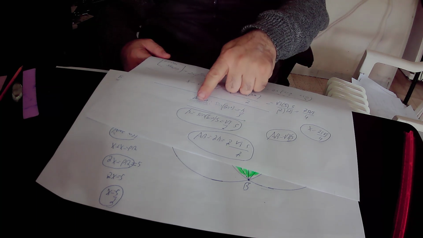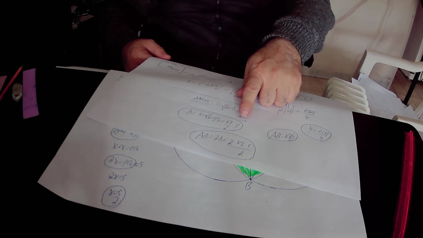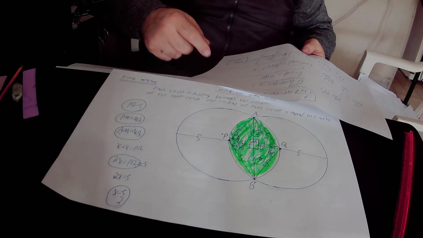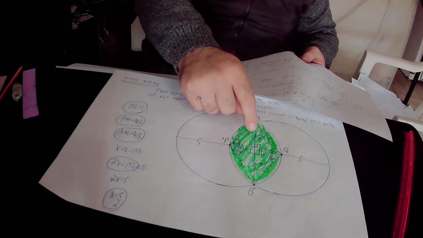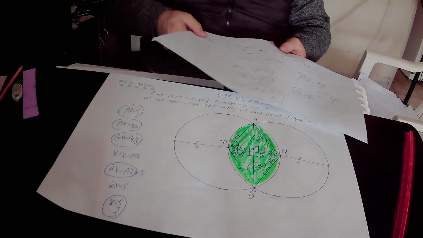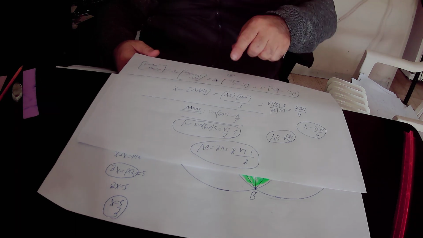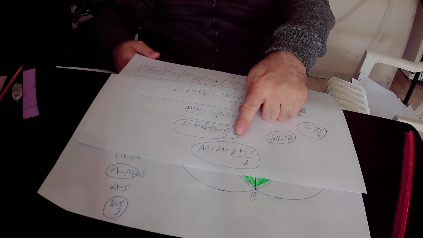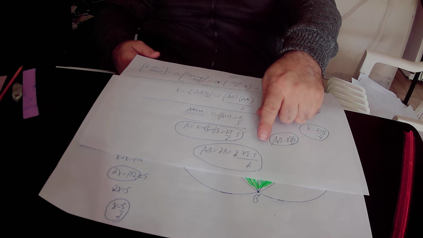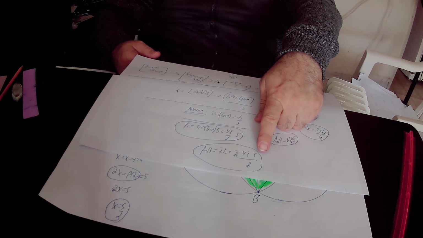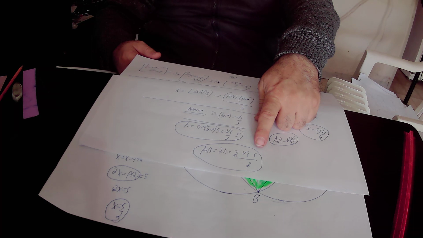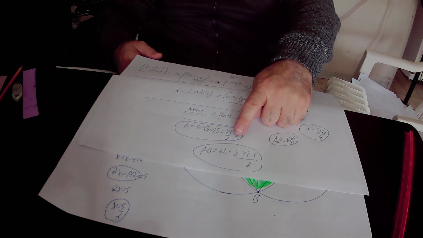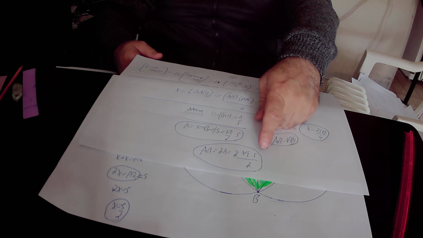So H equals square root of 3 over 2 times 5. And AB equals H plus H, that is to say AB equals 2H. So we multiply H by 2 and we get the value of AB. 2 times H is 2 times square root of 3 over 2 times 5.